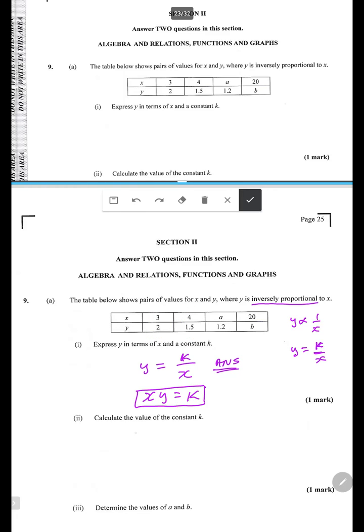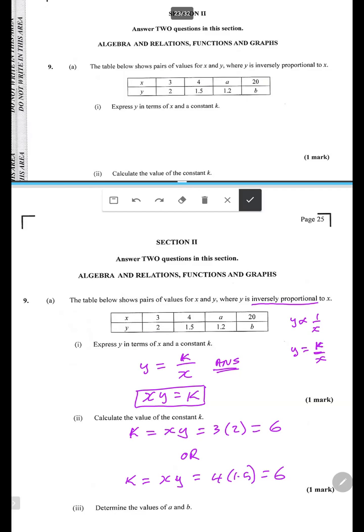So k is equal to x times y. Based on this, 3 times 2, which is 6. Or we could have written k equals xy using the other known pair, which is 4 times 1.5, which is still 6.